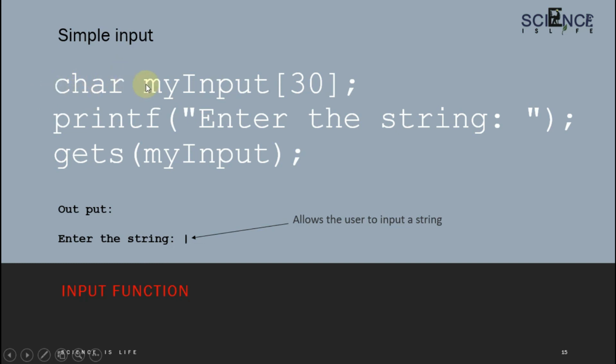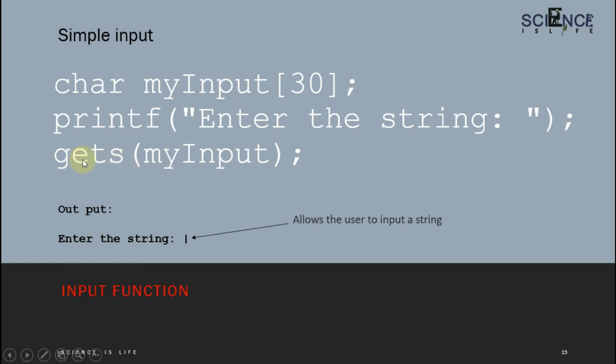So first of all, we need to create a char array here. Here I have created a char array called my input. The array size is 30. You will learn these things later; if you don't know them, don't worry. Here I print "enter the string", then I am using the gets function to store a value into my char array, my input, which is a char array.